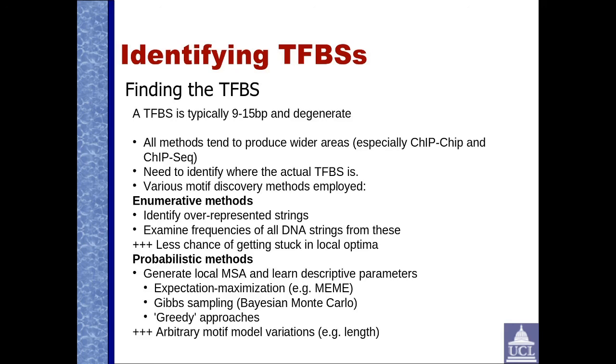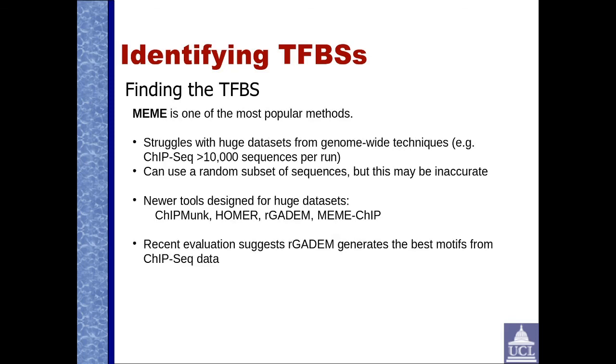Now, MEME is one of the most popular methods for finding these patterns. However, it struggles with huge data sets from genome-wide techniques. So, for example, ChIP-seq can produce more than 10,000 sequences per run, and MEME is not very good with these sorts of numbers.